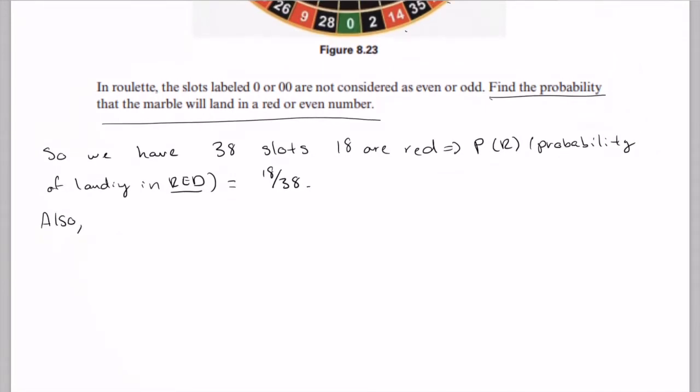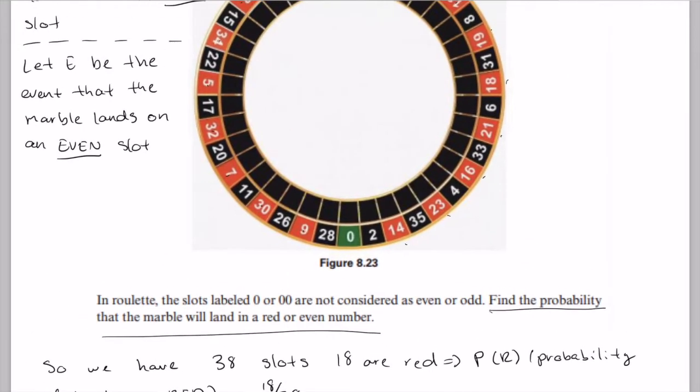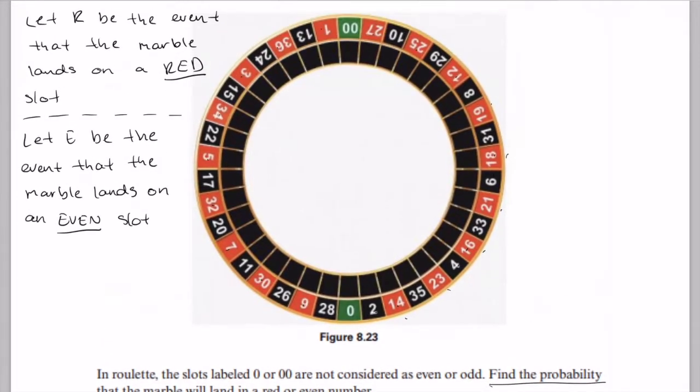Also, the probability of landing in an even slot should also be 18 out of 38. So let's find out. That's 1, 2, 3, 4, 5, 6, 7, 8, 9, 10, 11, 12, 13, 14, 15, 16, 17, 18.